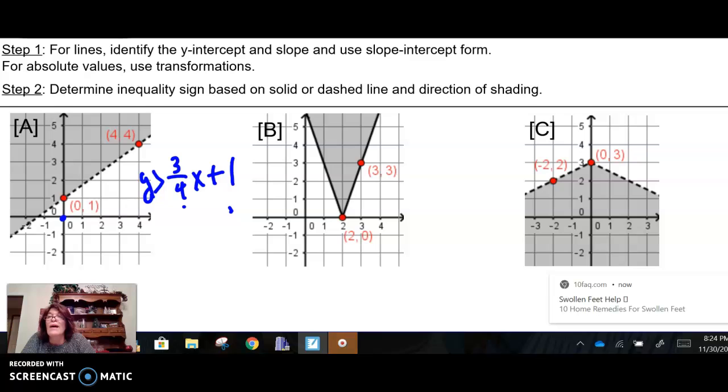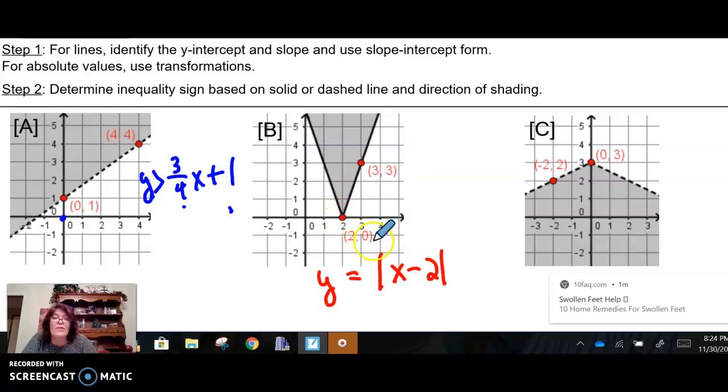This is an absolute value equation. So let's see, my vertex is at 2, 0. I always start with y equals. I know it's going to be greater than, but absolute value x minus 2. I don't have to write plus 0.